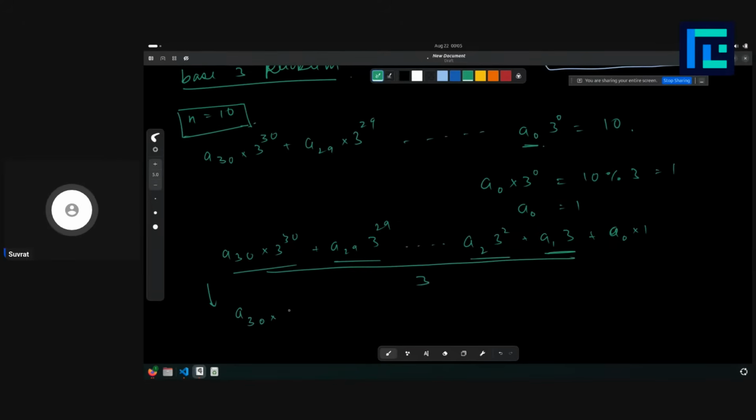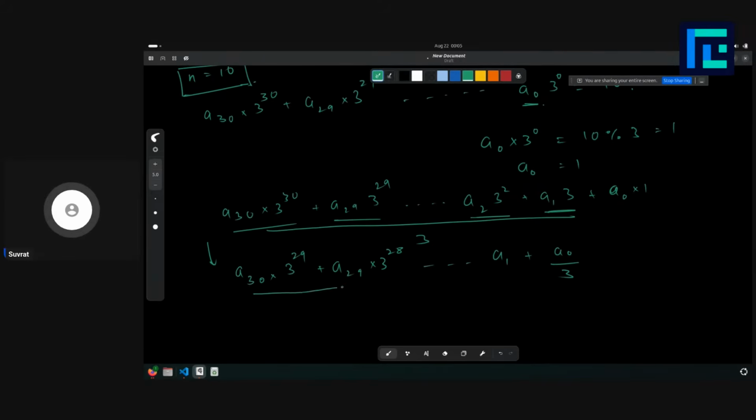So it would become a30 into 3 to the power 29 plus a29 into 3 to the power 28 till a1 plus a0 upon 3. And all of these are integers, and this is a fractional part. How is this a fractional part? Because a0 can only be 0, 1 or 2. So a0 upon 3 must be from 0 to 1.